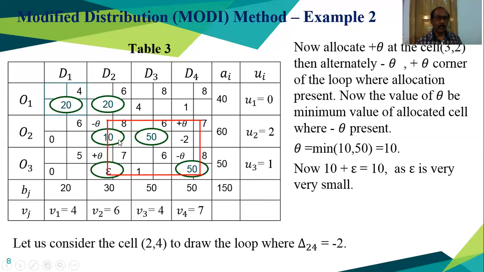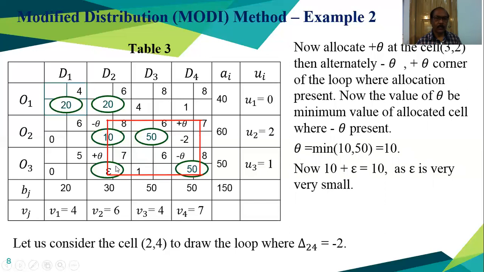And this cell will be empty. This will be increased by 10. This will be 60. And this will be decreased by 10. It will be 40. 20, 20, 50, 50 down, this will be 60, and this will be minus 10, 40, and this will be 10.